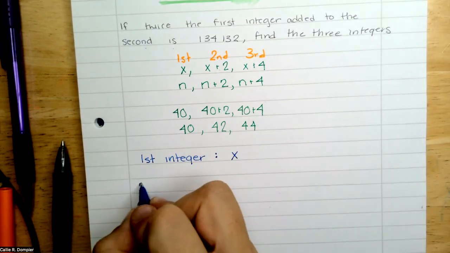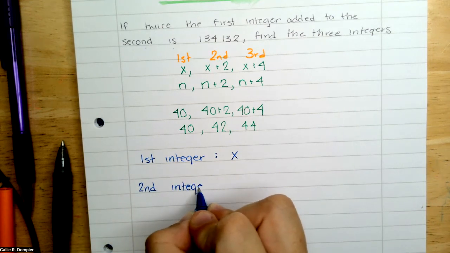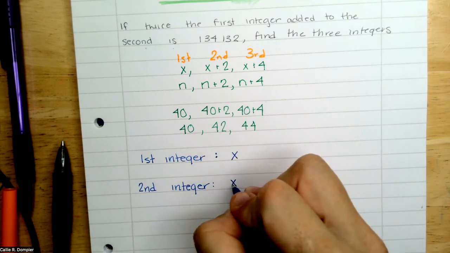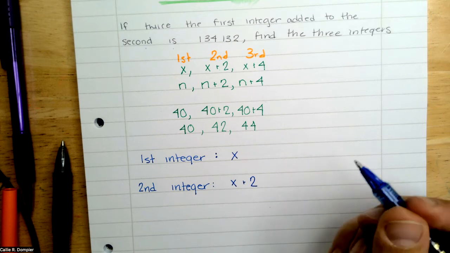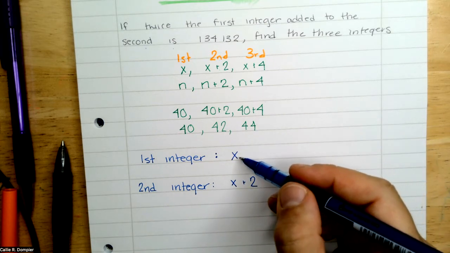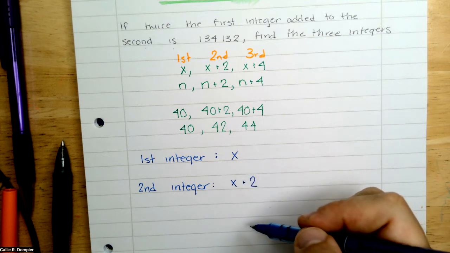Let's write it. Second integer. How would I write that if I had to write it in terms of x? My second integer is x plus 2 so that it stays even. If this is 72, my second integer would be 74. My third integer would be 76.